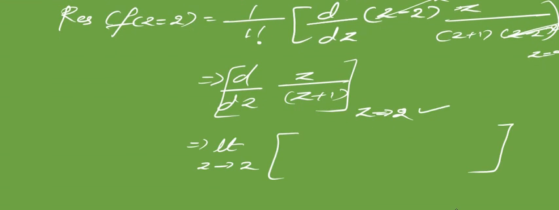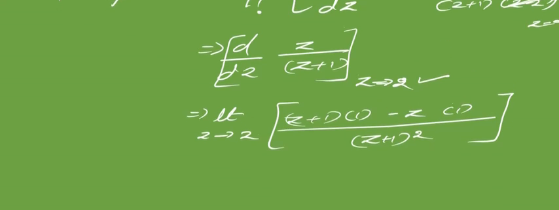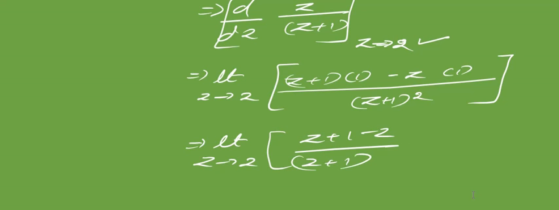Either you can write the limit here or you can write it at the front. Here we need to apply the quotient rule because we have a numerator and denominator. So it is the denominator into the differentiation of z with respect to z, which is 1, minus z into the differentiation of z plus 1, which is 1, over the denominator square. Carefully simplify and then later you can apply the limit. So limit z tends to 2 of (z plus 1 minus z) by (z plus 1) the whole square. The positive z and negative z cancel out.